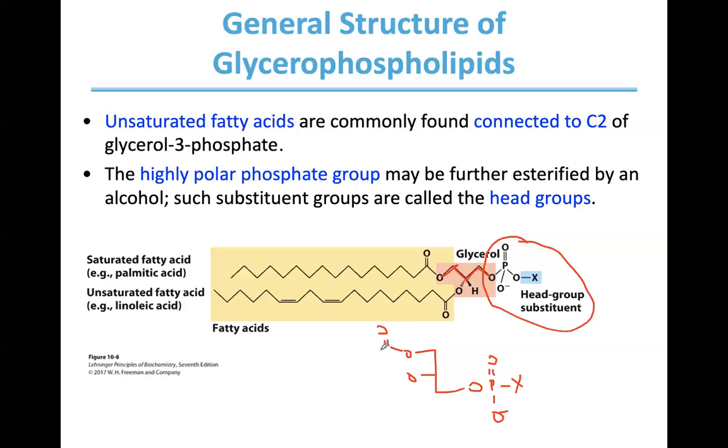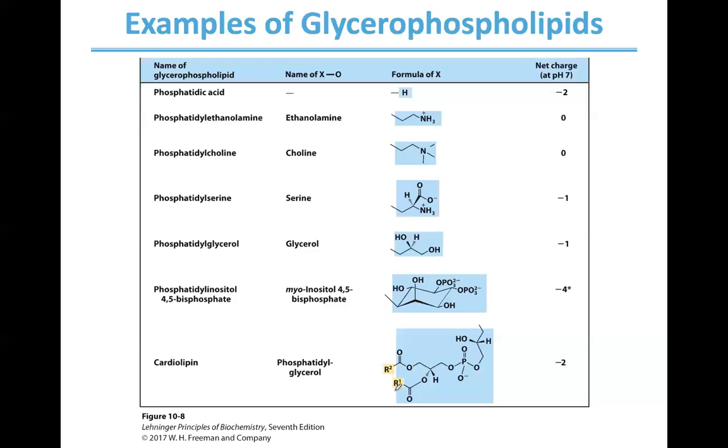That will be the general structure of a glycerol phospholipid. And these two esters are different, R and R prime.